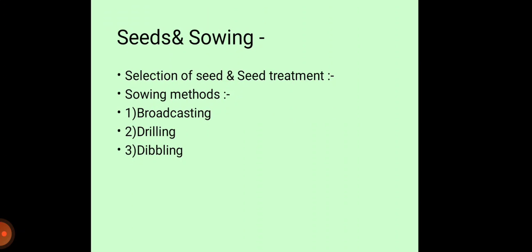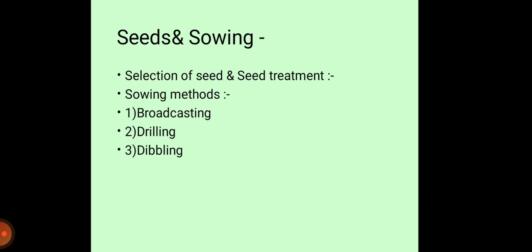Then we discuss seeds and sowing. The selection of seeds and seed treatment are basically important. Pure, viable seeds with a high germination percentage are required. At the time of sowing, seed treatment is very important for maximum growth of the crop.